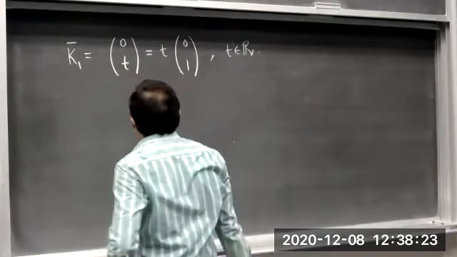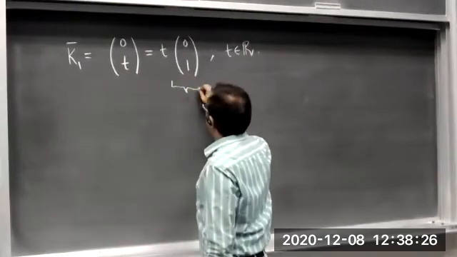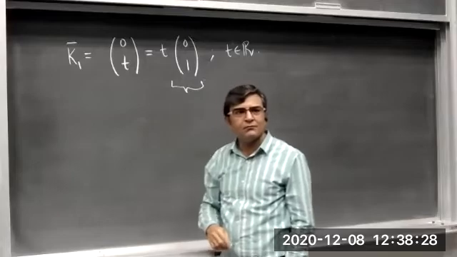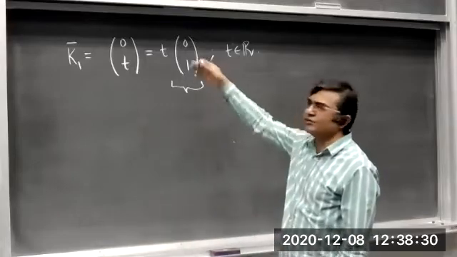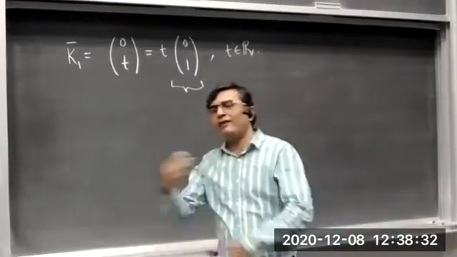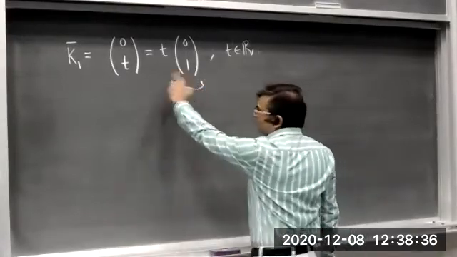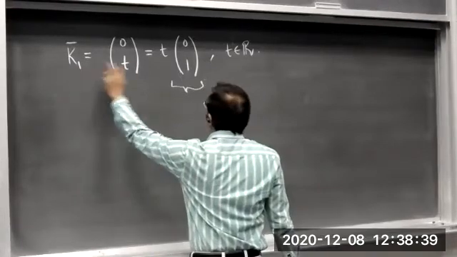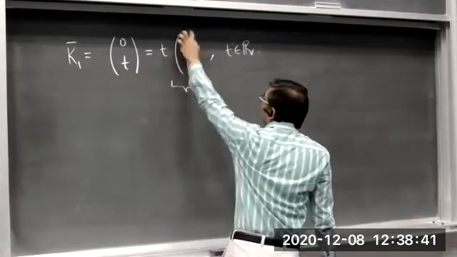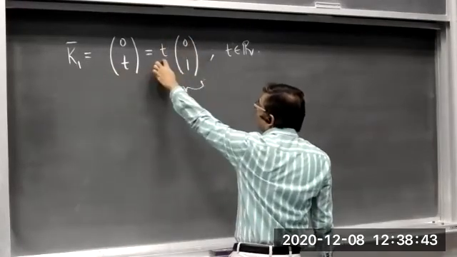So our eigenvector is basically this. K is this without the t, because t is the parameter. All the vectors are basically generated by this vector. All these k1 vectors are generated by this vector, because here we have a t.